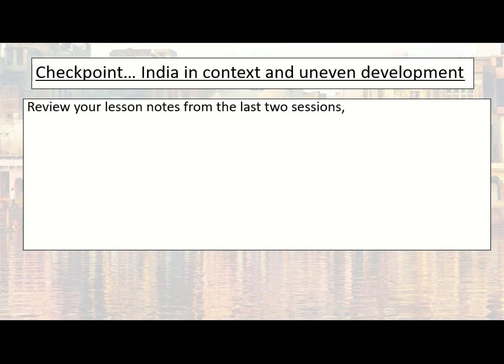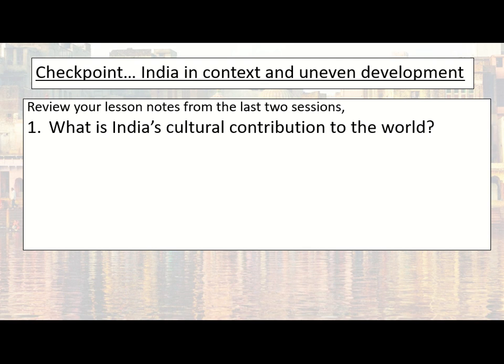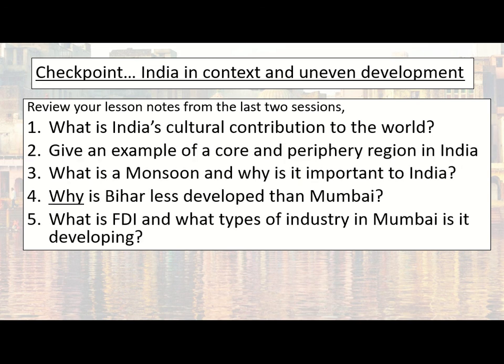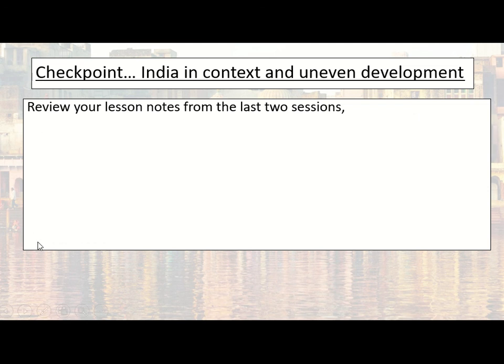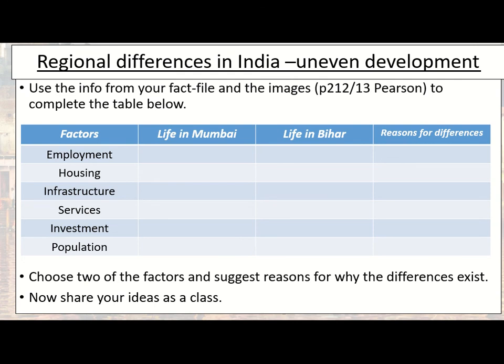But for the keen beans, reviewing your lesson notes is going to be a really important thing as you do, and I'm sure by now you are used to me badgering you about reviewing your notes, making sure you're constantly revisiting them. But these 5 questions are what I'd like you to focus on. If you've finished this table, and by the way, this table is the priority, just doing that is enough.